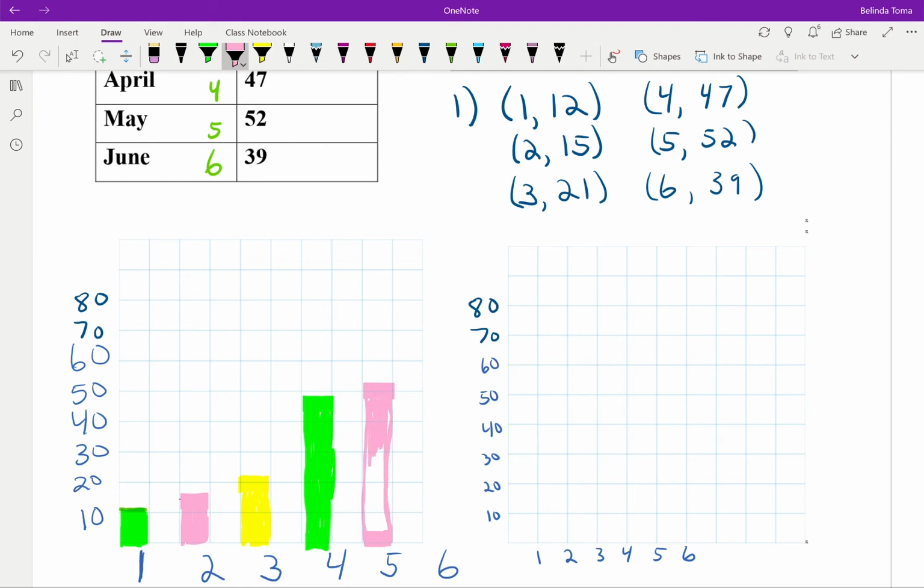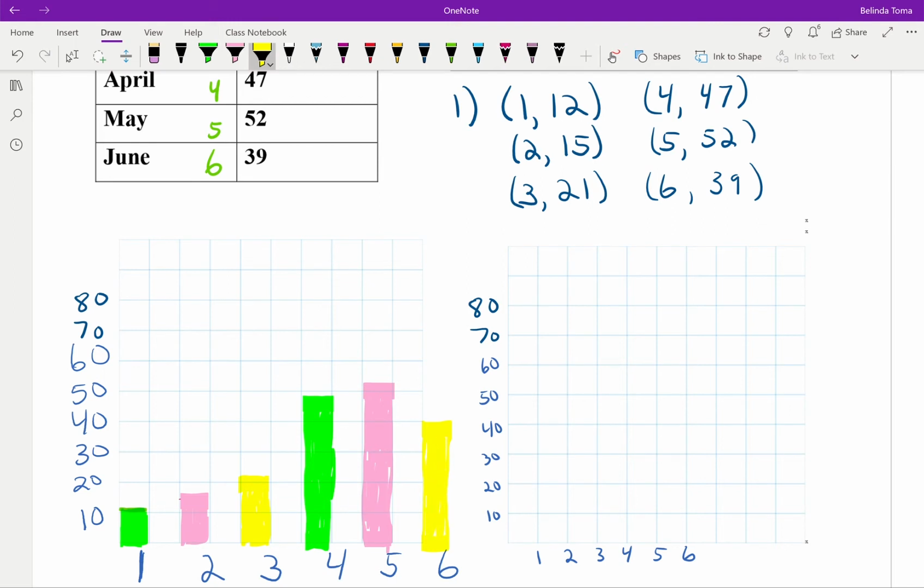And then in the 6th month, we have 39 inches. So again, we're going to get our upper boundary, if you will, and then a little bit less than the 40. And then we could fill that in. So this would be an example of a bar graph.